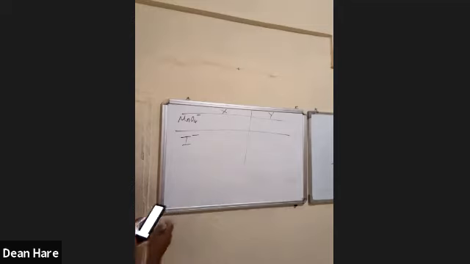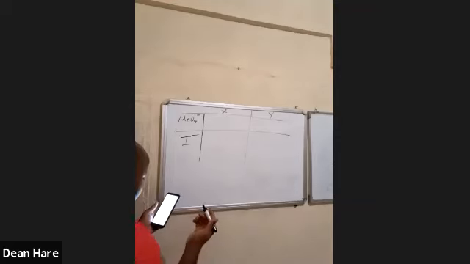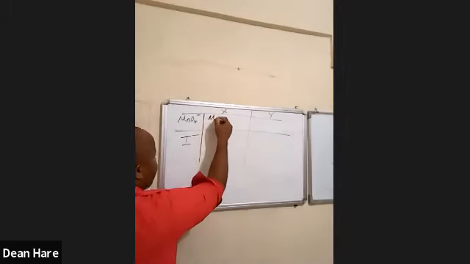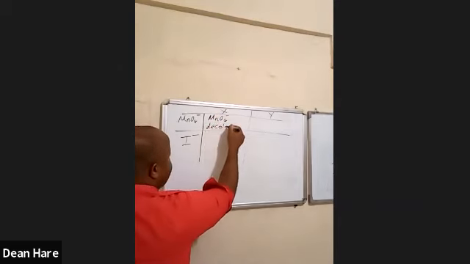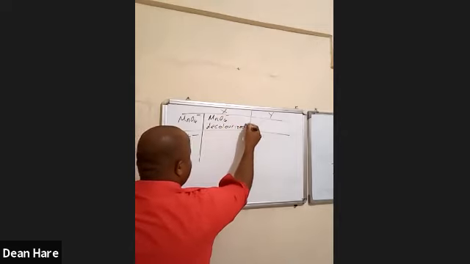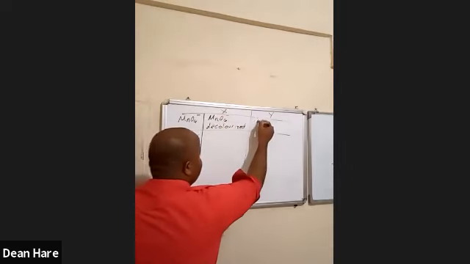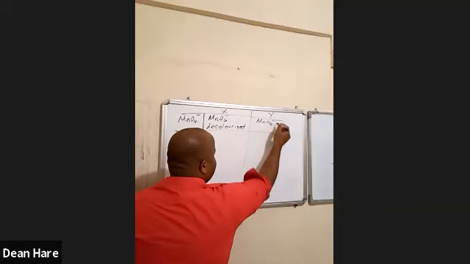All right. So I minus. And then we have our observation. So MnO4 is decolorized in this one, and it is also decolorized in this one.